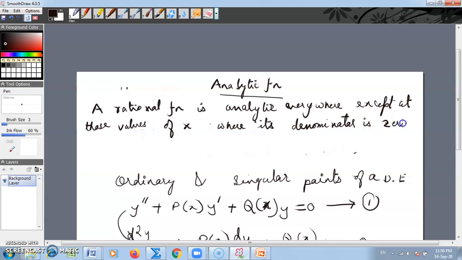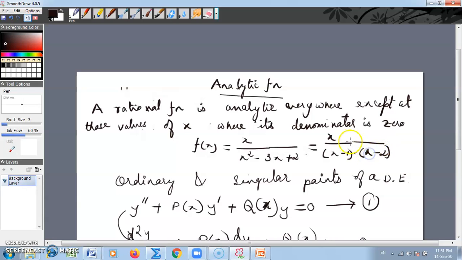Let us look at a function f(x) which is equal to x divided by x squared minus 3x plus 2. Here I can factorize the denominator, and then this becomes x minus 1 and x minus 2.